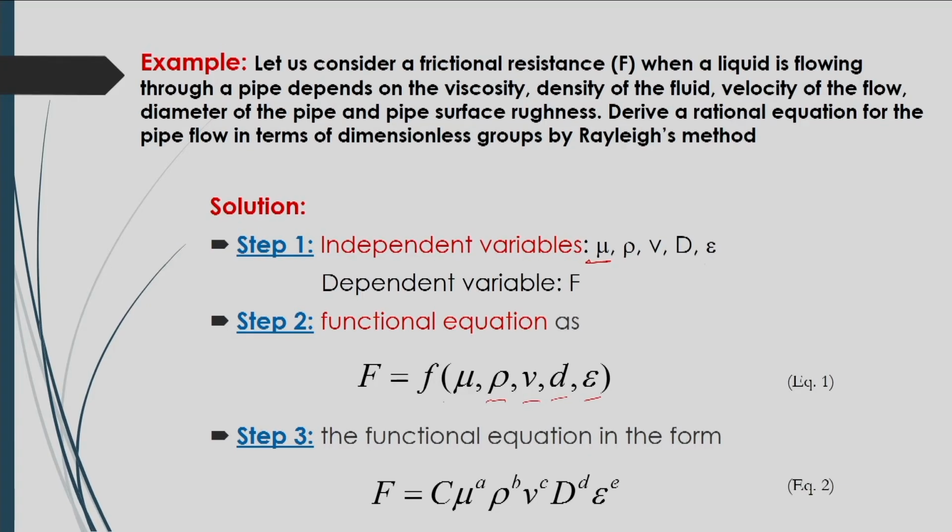So, if the total number of variables is n, then n minus j groups will be formed. Here in this example, see how many variables there are. Here mu is 1, rho 2, v 3, d 4, epsilon 5 and f 6, a total of 6 variables, whereas we know that the number of fundamental dimensions is 3. So, how many groups will be formed?